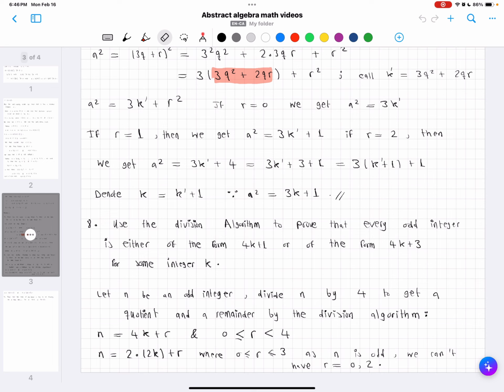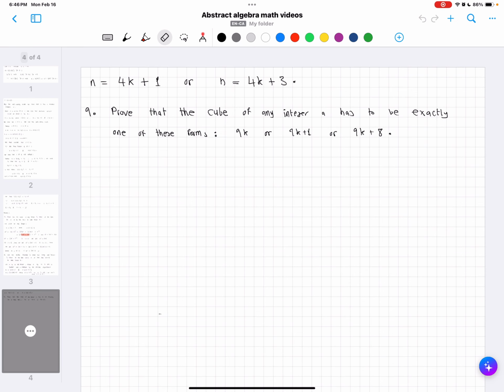So we can write n differently as 2 multiplied by 2k plus r. Here we know that n is odd, so we cannot have r is 0 or 2, because then that would give that n is even. So the choices that we are left with are r is equal to 1 or 3, and we get the solution to the problem.